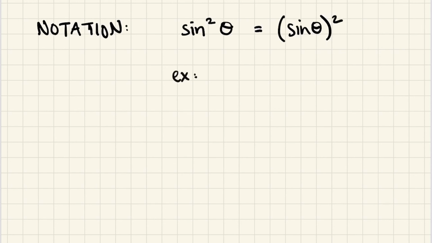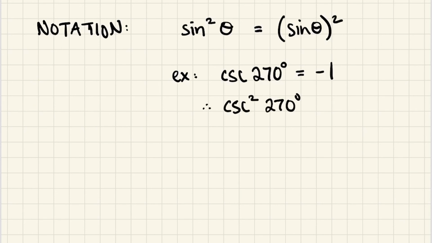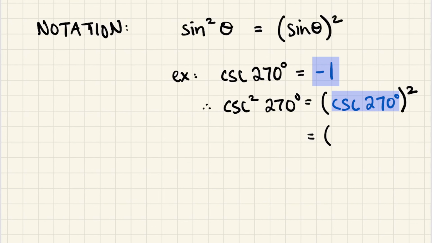Okay, so for instance, recall cosecant of 270 degrees we worked out as negative 1. Therefore, cosecant squared of 270 degrees, which is the square of cosecant of 270 degrees, is equal to the square of what cosecant of 270 degrees worked out to, which was negative 1. And so cosecant squared of 270 degrees is equal to 1.